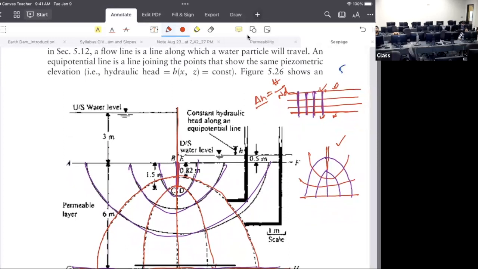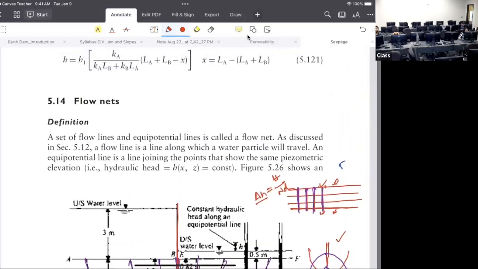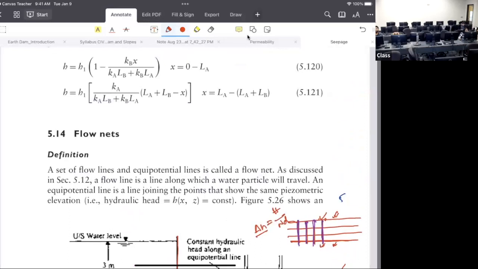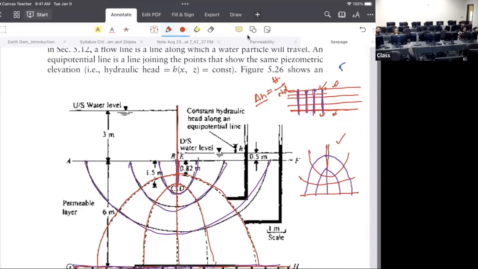This is valid for only one flow. But we want to get to the whole area, right? So we have one pipe, one area. If you want to calculate the total flow, then what do we have to do? Just multiply it with the number of pipes, right?